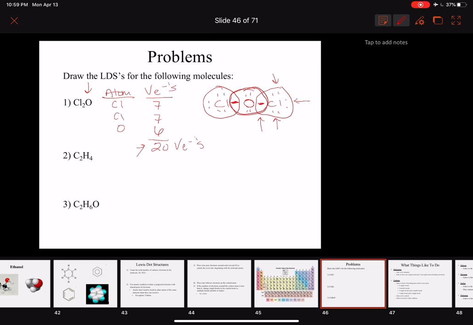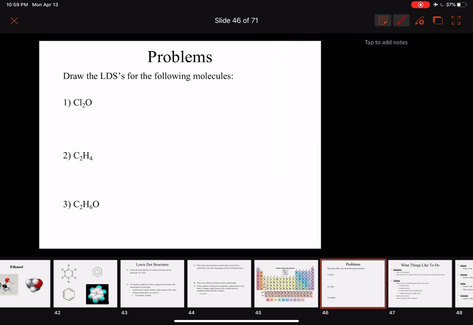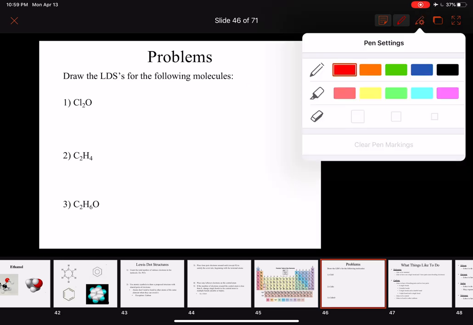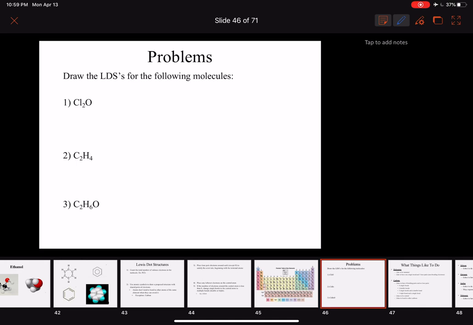All right, so C2H4. Let's go ahead and add up our valence electrons for C2H4. So we've got a couple of carbons and we have 4 hydrogens.